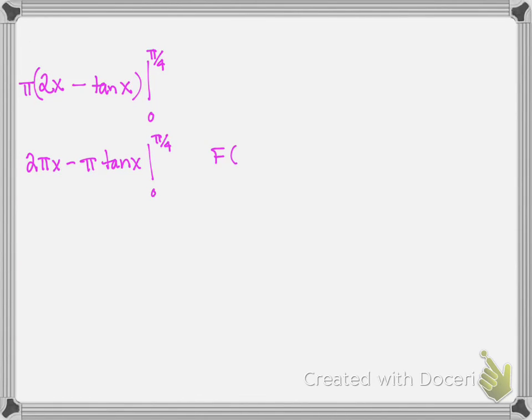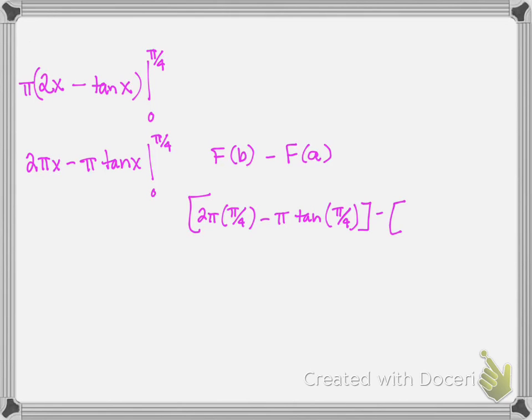Okay, time to do f at b minus f at a. So almost there. So f at b, I take the upper limit, so I get 2 pi times pi over 4 minus pi times tangent of pi over 4, minus 2 pi times 0 minus pi times tangent at 0.